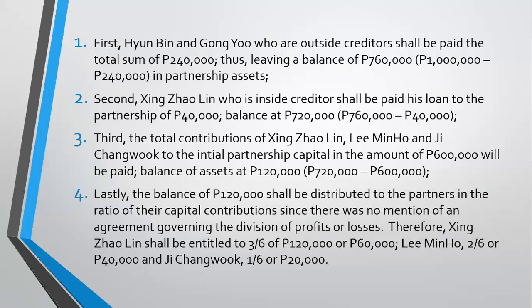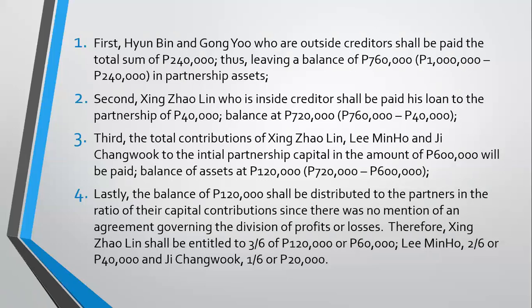Paano po yung 120,000 na yun? Ano po mangyayari doon? Of course, the balance of 120,000 shall be distributed to the partners in the ratio of their capital contribution. Since there was no mention of an agreement governing the division of profits or losses, walang nabanggit doon sa ating illustration, therefore, we will use the ratio of their capital contribution.